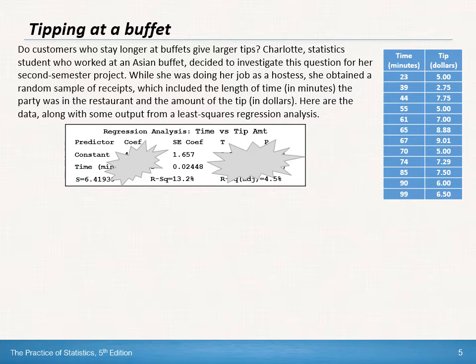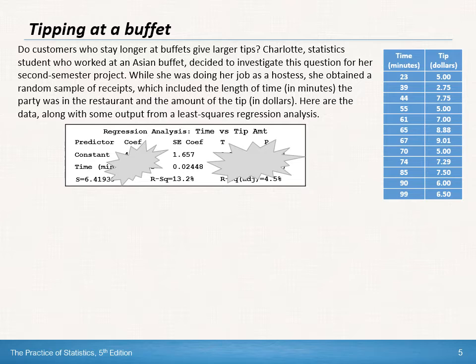Do customers who stay longer at a buffet give larger tips? Charlotte, a statistics student who works at an Asian buffet, decided to investigate this question for her second semester project. While she was doing her job as a hostess, she obtained a random sample of receipts, which included the length of time in minutes the party was in the restaurant and the amount of the tip in dollars.